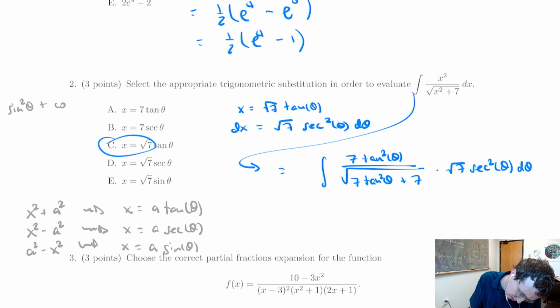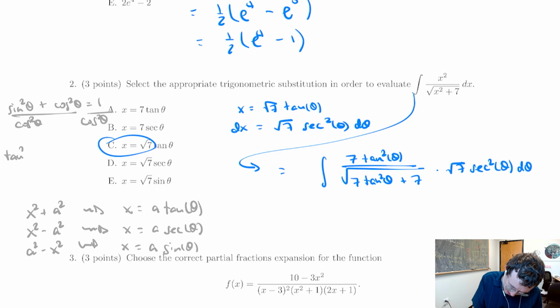In case you forget exactly what the trig identity is, let me remind you how to come up with it again, assuming that you remember at least that sine squared theta plus cosine squared theta equals 1. If I divide both sides here by cosine squared theta, and I'm doing that because I want to end up with a tangent squared, so I see a sine here, divide that by cosine to get tangent.